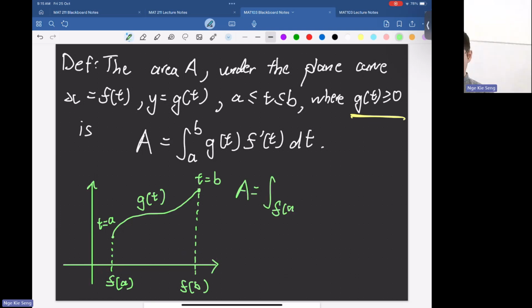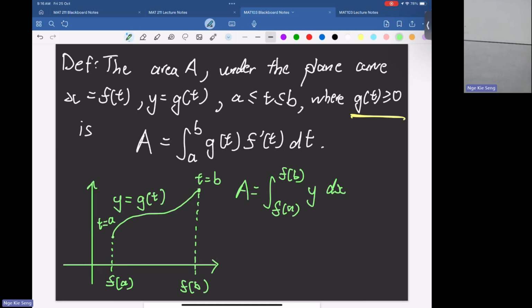So potentially you can write: integrate from f(a) to f(b) of y dx. But if I write it this way, the y there should be in terms of x. But instead of y in terms of x, we have y in terms of t. So how do we change the variable from x to t?